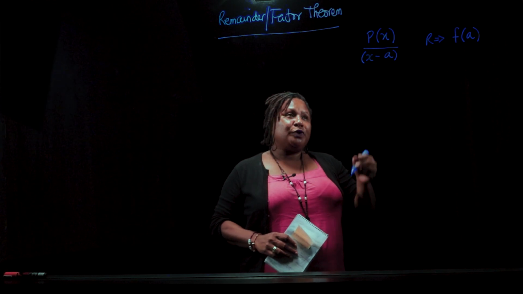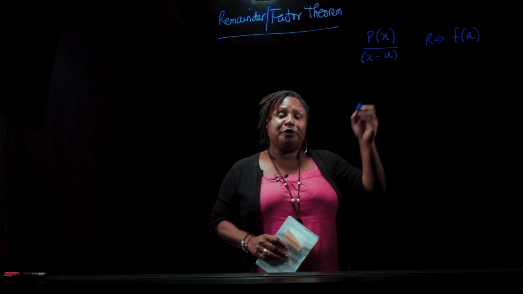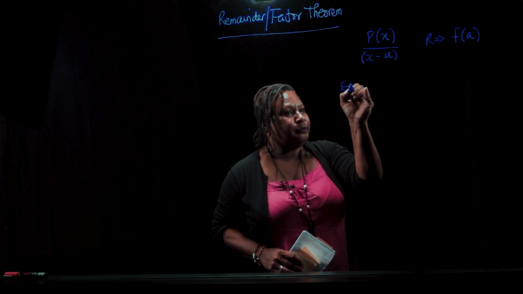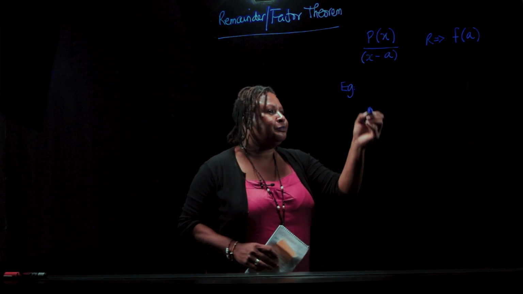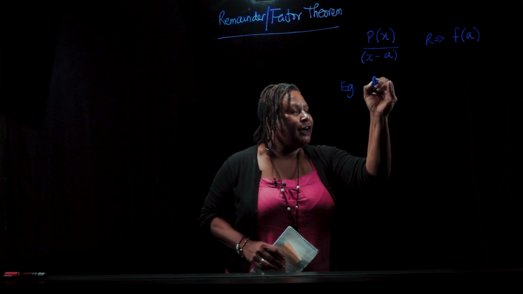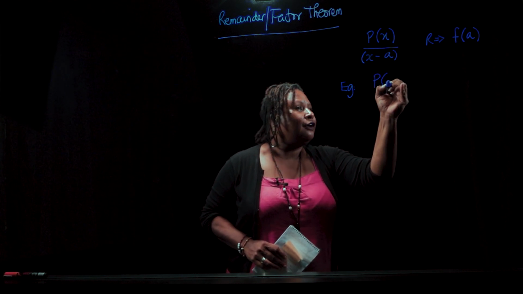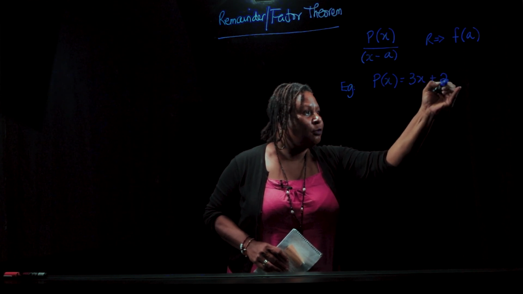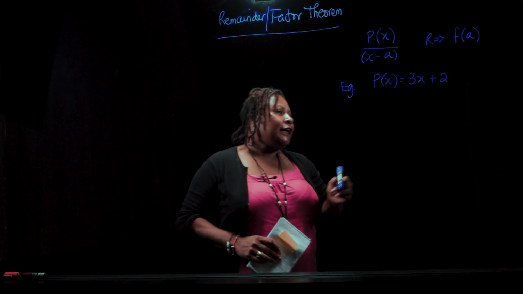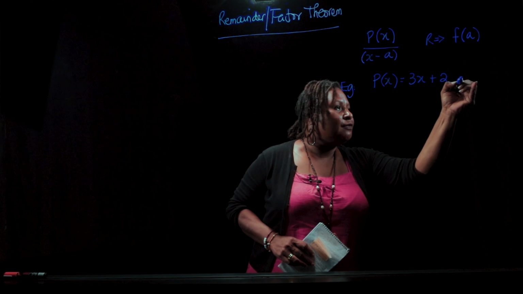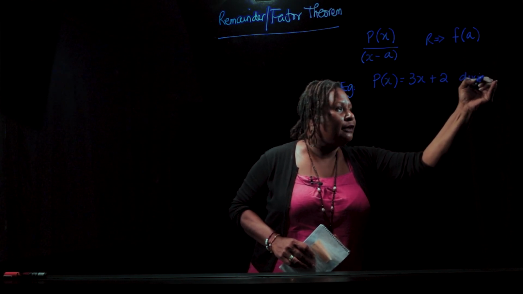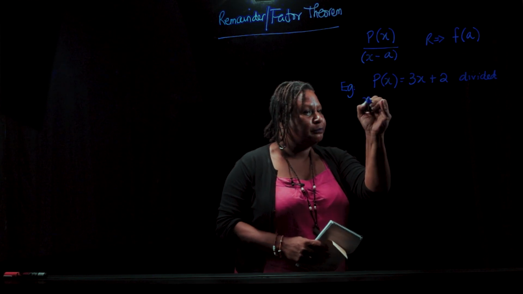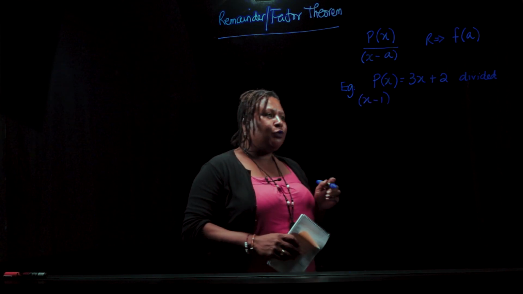Now let's see how we can use this theorem given a polynomial. Example: we have the function of x equal to 3x plus 2, and this polynomial is divided by x minus 1, a linear polynomial.